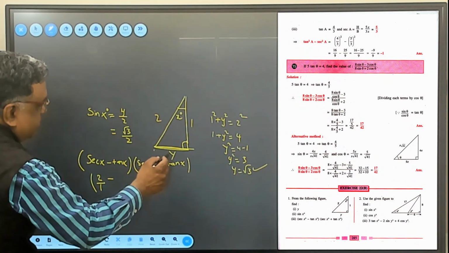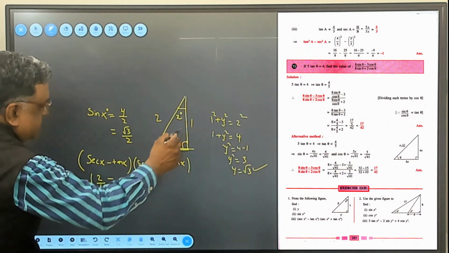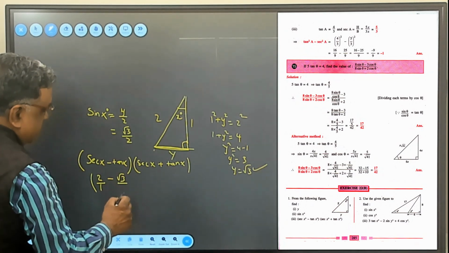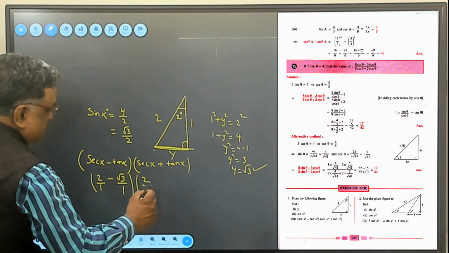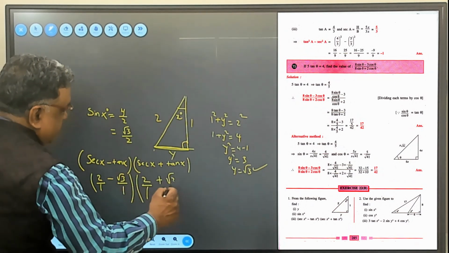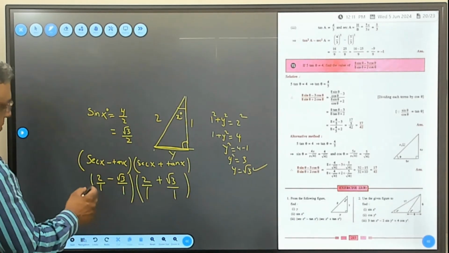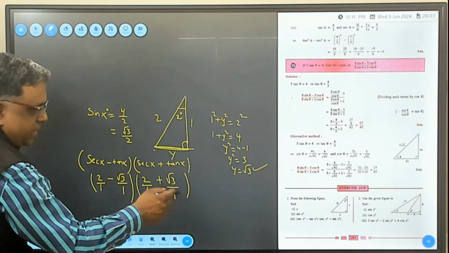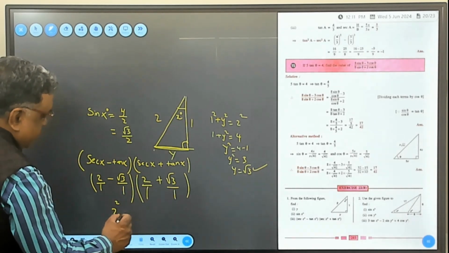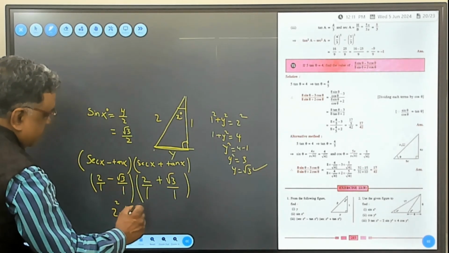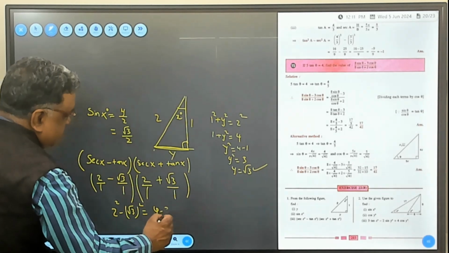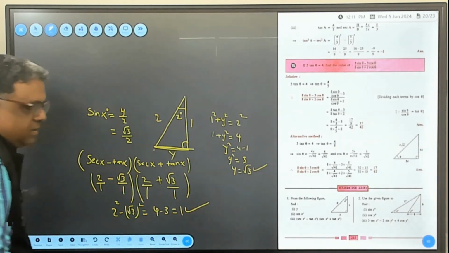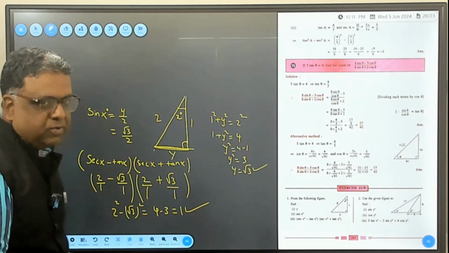Tan x is opposite upon adjacent, which is root 3 upon 1. Again sec x is 2 upon 1 and tan x is root 3 upon 1. So this becomes 2 minus root 3 into 2 plus root 3. A minus b into a plus b. It's a square minus b square, which is 4 minus 3, which is 1. Quickly let us move to the next sum.